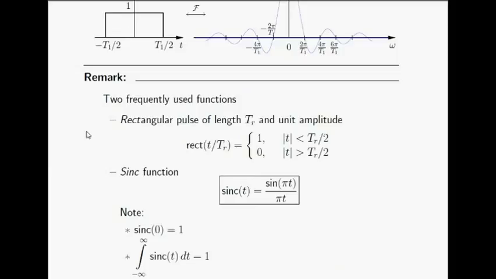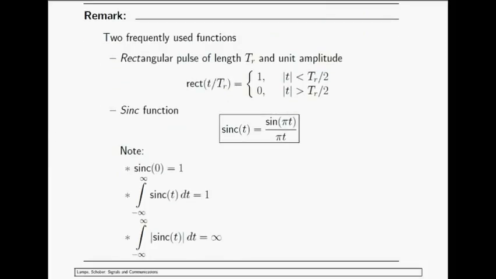So there are some remarks related to these. In the above problem we used two frequently used functions. Okay, the first one is the rectangular pulse of length T1 and unit amplitude, which was the rectangular function, and the second function which we used was the sinc function, which is sin pi t upon pi t, or sin t upon t. Here you can also use sin t upon t.